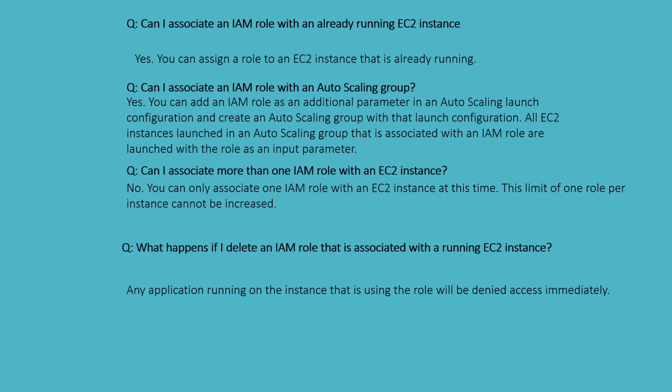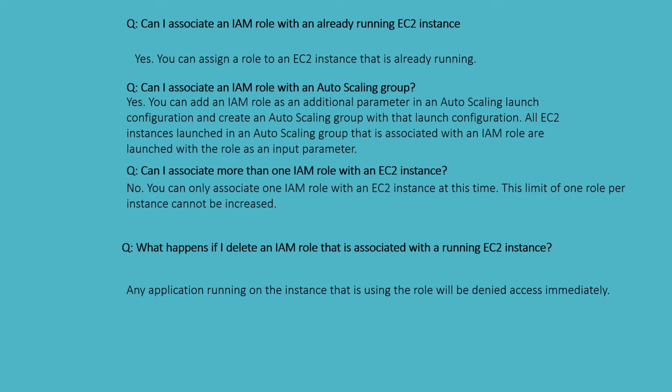I am repeating this chapter again on this sheet. Can I associate an IAM role with an already running EC2 instance? Yes, you can assign a role to EC2 instances that are already running. Can I associate an IAM role with an auto scaling group? Yes, you can add an IAM role as an additional parameter to the auto scaling launch configuration and create an auto scaling group with the launch configuration.